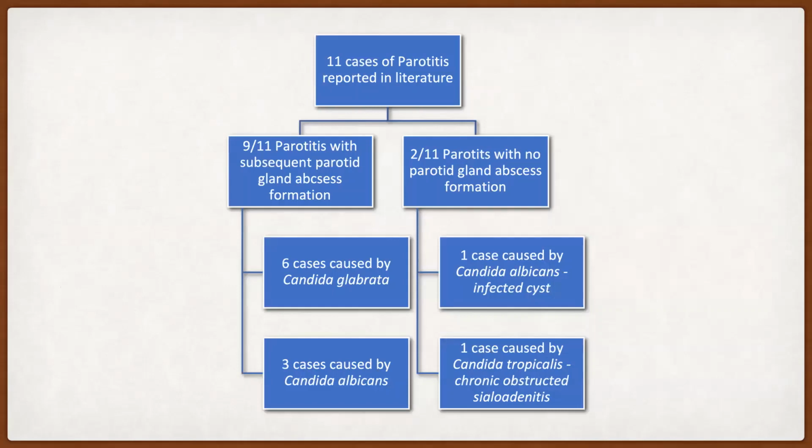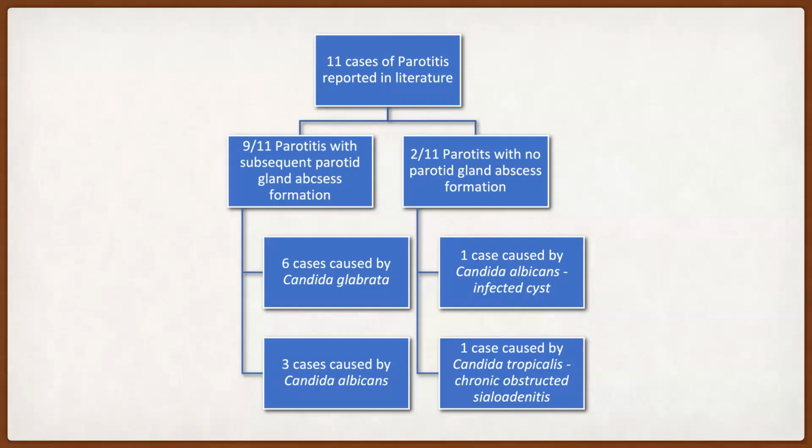Despite Candida species being a common commensal of the oral cavity, fungal infections are an exceedingly rare cause of parotitis and an even rarer cause of abscess formation of the parotid gland. There are only 11 previous case reports in the literature, and of these cases, 6 cases of fungal parotitis were caused by Candida glabrata, and 4 of these cases were caused by Candida albicans.